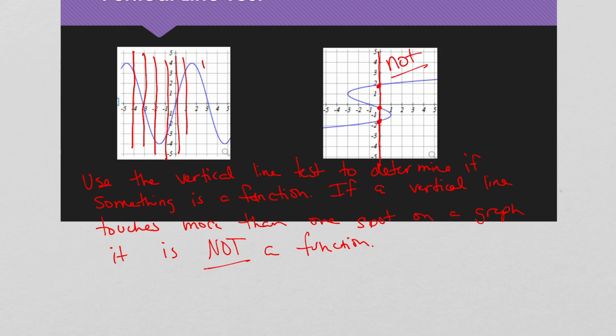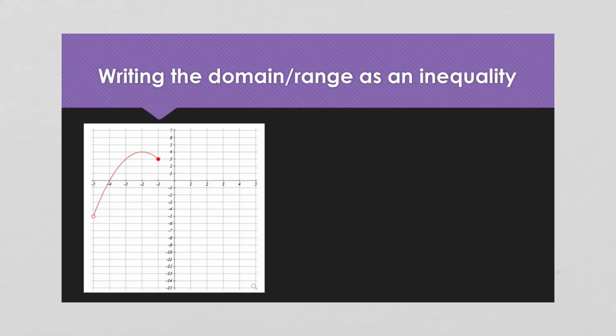This one is a function. Not a function on the right, is a function on the left. So we would say this one passes the vertical line test, and this one fails the vertical line test.